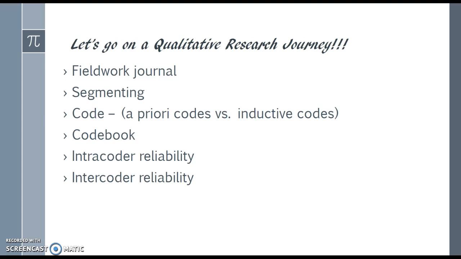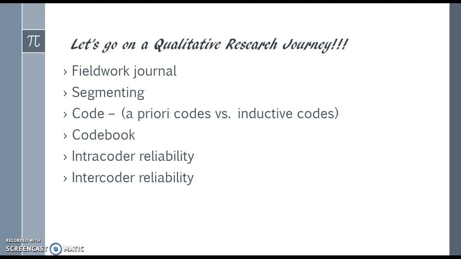And intracoder and intercoder reliability really come into play when I'm using other coders or other researchers to help me. So if they're gathering data, intra-coder reliability means that each individual coder codes all of the data consistently. And inter-coder reliability means that among the group of coders, the coding process is occurring consistently.